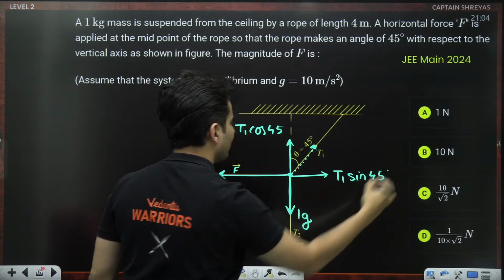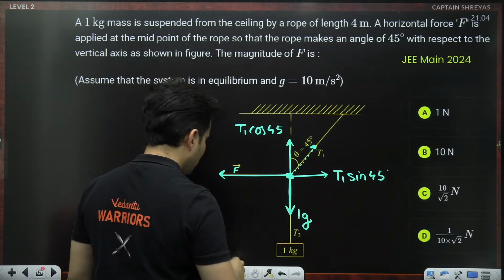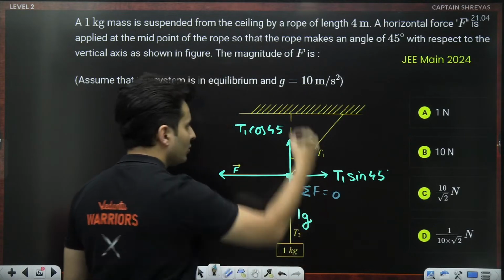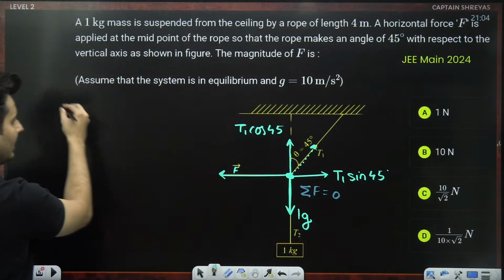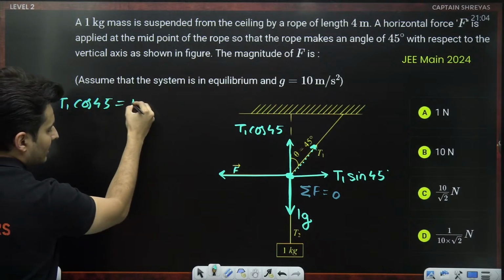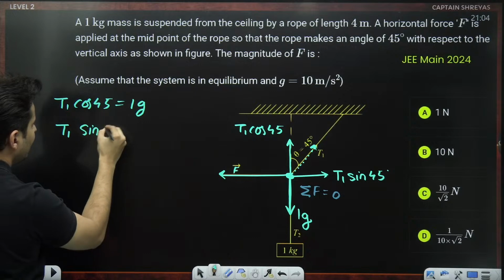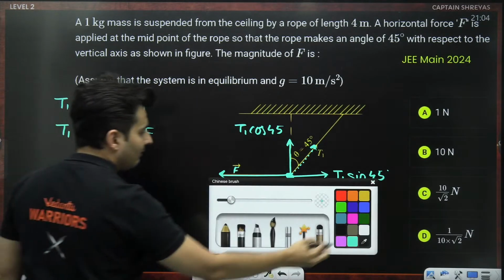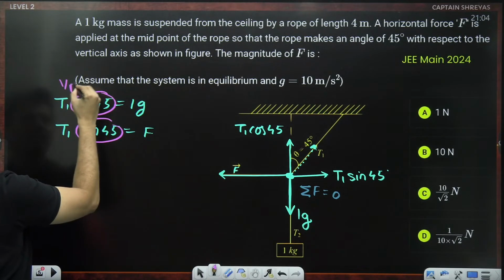When you show the forces on that joint, remember the net force on that joint should be 0 because it is in equilibrium. So vertical and horizontal forces must cancel. In the vertical direction, T1 cos 45 is 1g, and in the horizontal direction, T1 sin 45 is basically F. But we know that the value of cos 45 and sin 45 both are 1 by root 2.